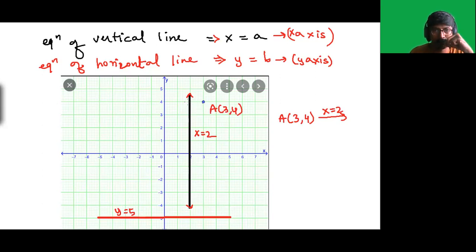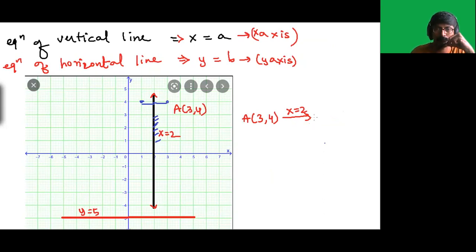It will come over here, one unit on the other side. So this would be the reflection point under x = 2, because this is the mirror line. I hope you understood. So A prime will become (1, 4).